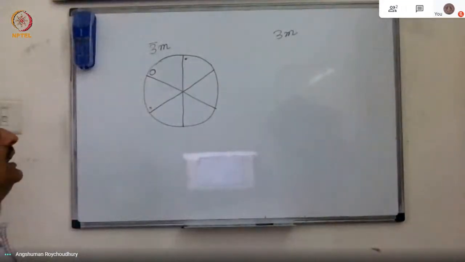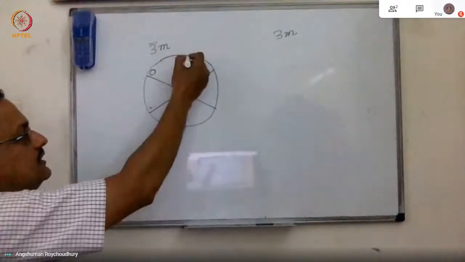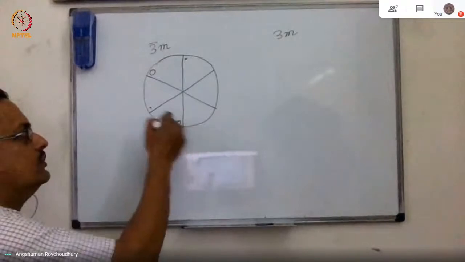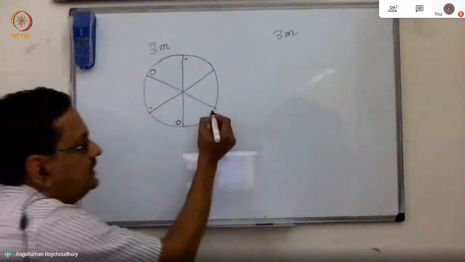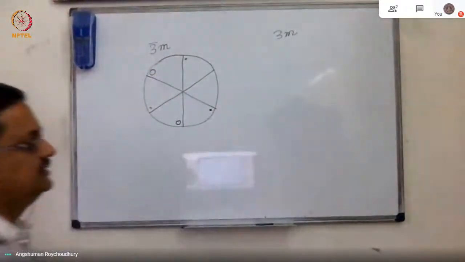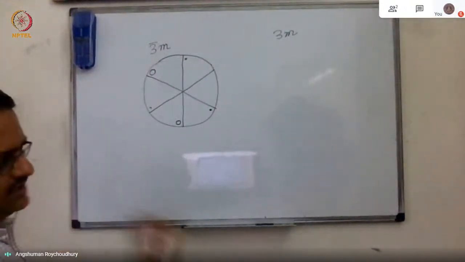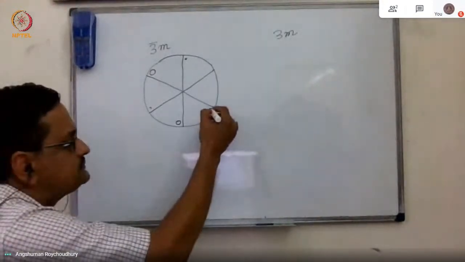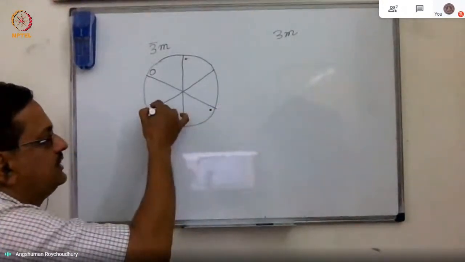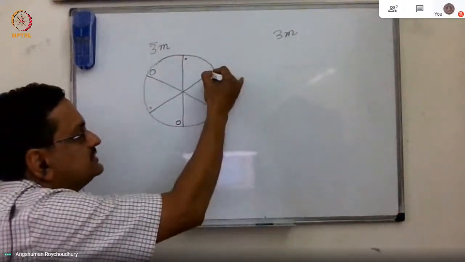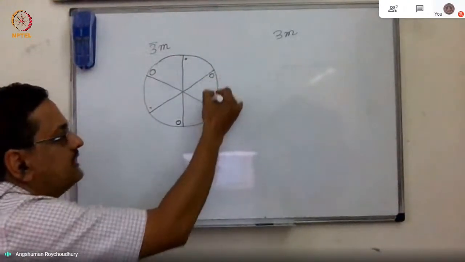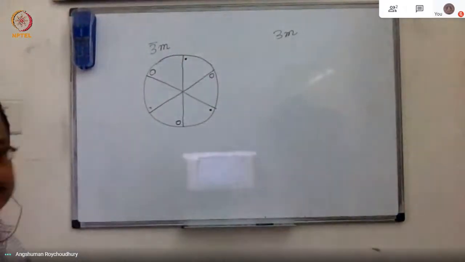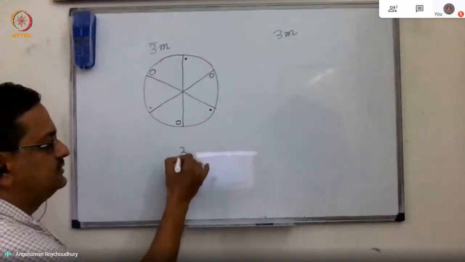Then again a 120-degree rotation and inversion brings it here, and another brings it there. Whenever I am inverting, it changes from open circle to closed circle or closed circle to open circle. So from here to there it goes 120 and inversion makes it here. Another 120-degree rotation and inversion brings it here. So now I have made 3 bar.